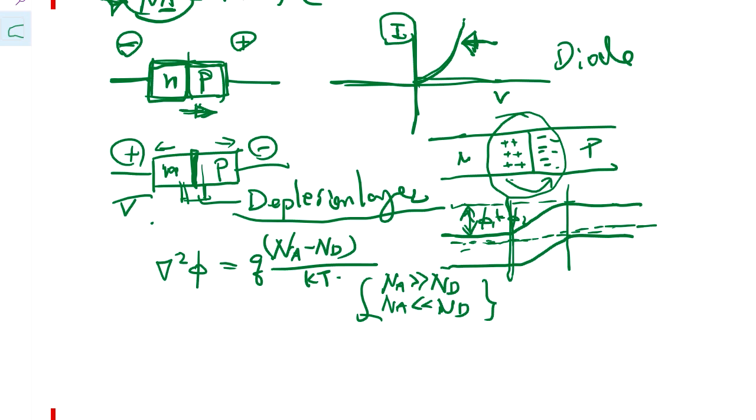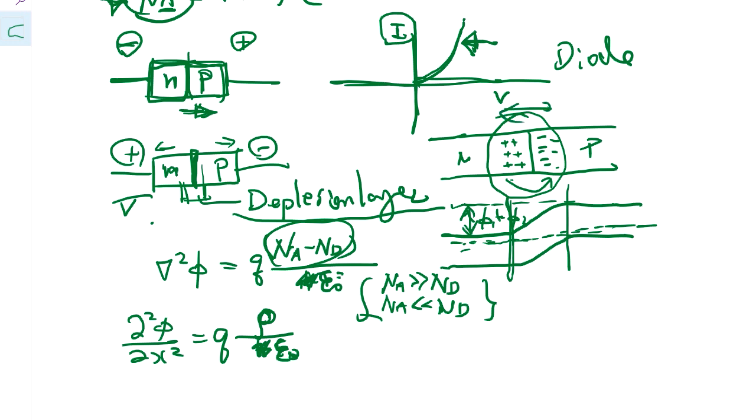And this Poisson's equation, if you solve it in one dimension, it's going to be this density, whatever the density, and this one is going to make this width. It's determined.